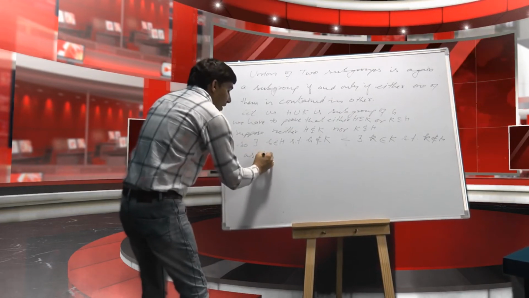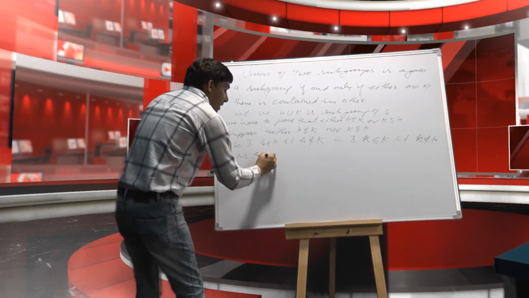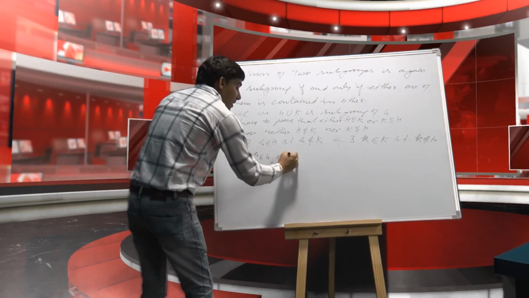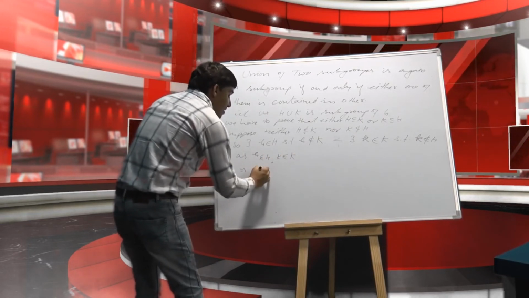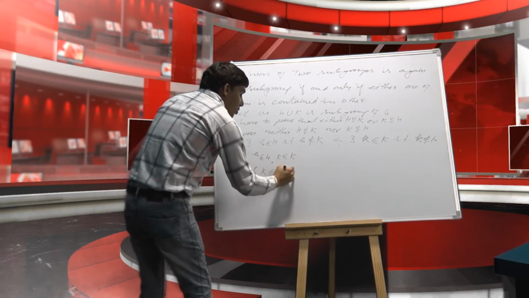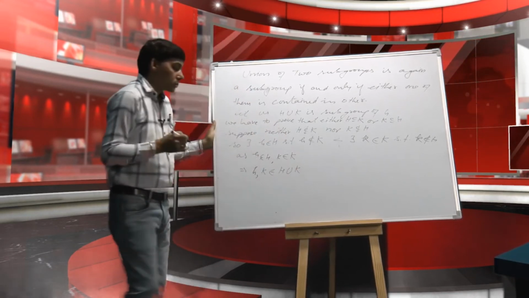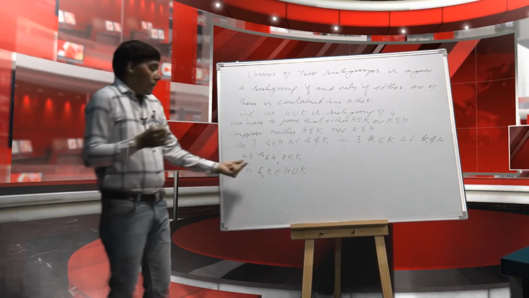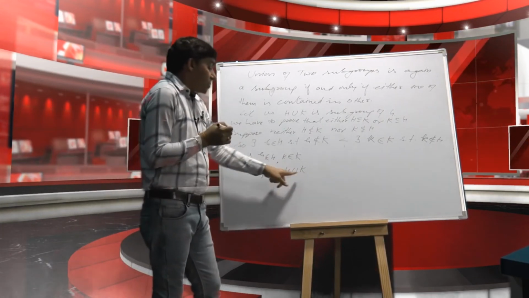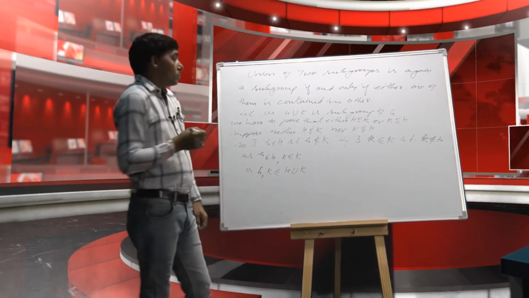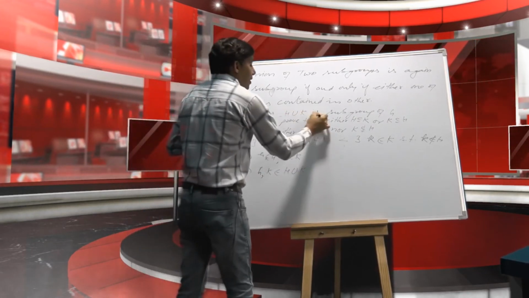As h belongs to H and k belongs to K, this implies hk belongs to H union K. But H union K is a subgroup according to the given condition.